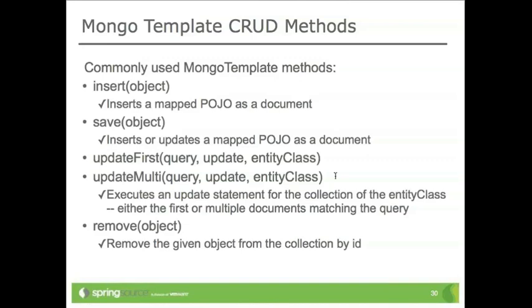Update first will just update the first document that matches that query. Update multi will update all the documents that match the query. And you can also remove objects. We use the ID to find the object, and it's removed.